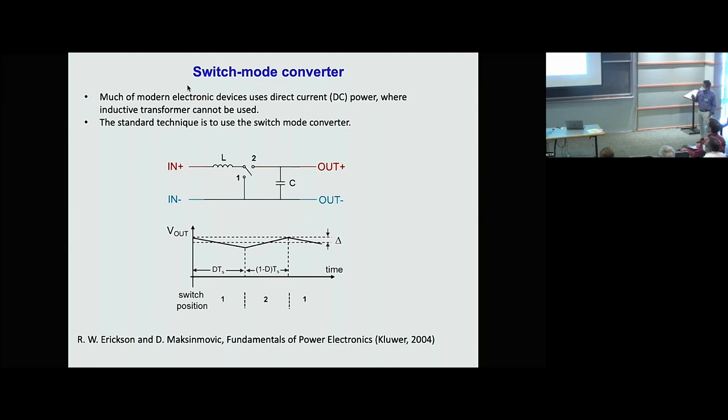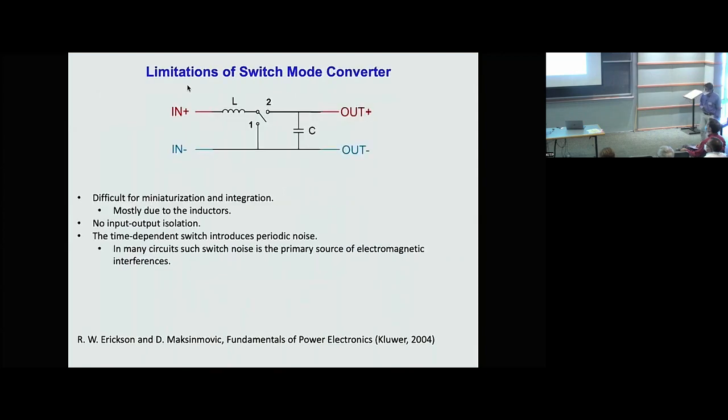So this is a very standard circuit, but it has a number of difficulties. First of all, it uses an inductor, which is actually required for energy storage purposes, because you need an LC resonator for these purposes. And inductors are notoriously difficult for miniaturization and integration.